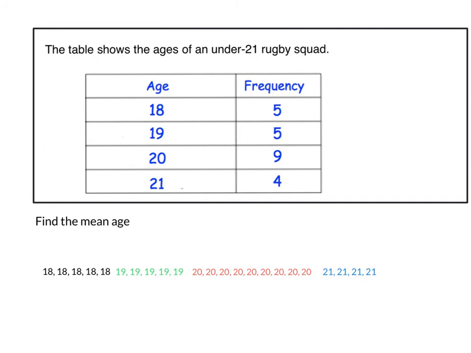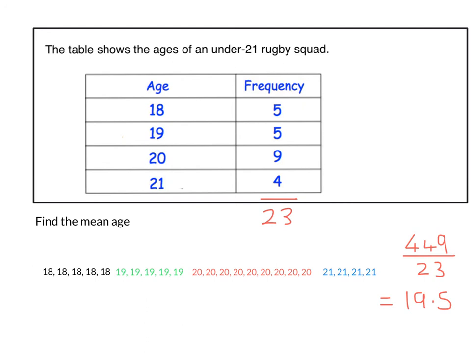And I get 449. So the mean is add them all together, divide by how many there are. You can remember from earlier it was a total of 23. So 449 divided by 23 is 19.5. So the mean age is 19 and a half.